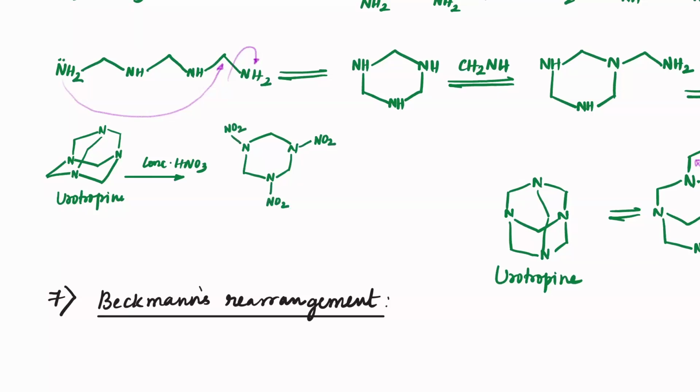You might wonder, sir, this has all happened with this ring, so what happened to the other rings here? This entire nitrogen group has gone out, and nitration has happened at these three positions.